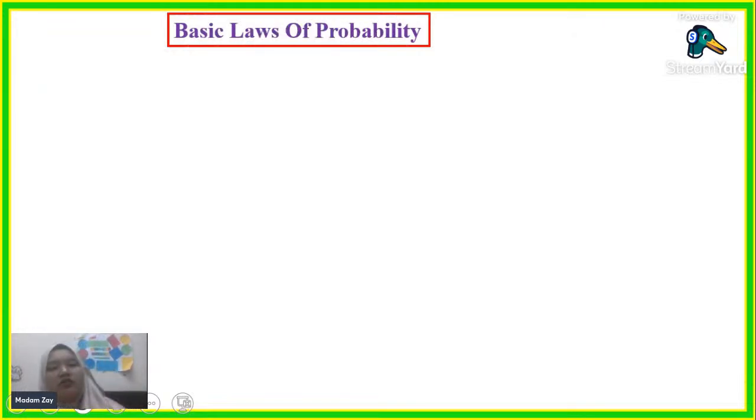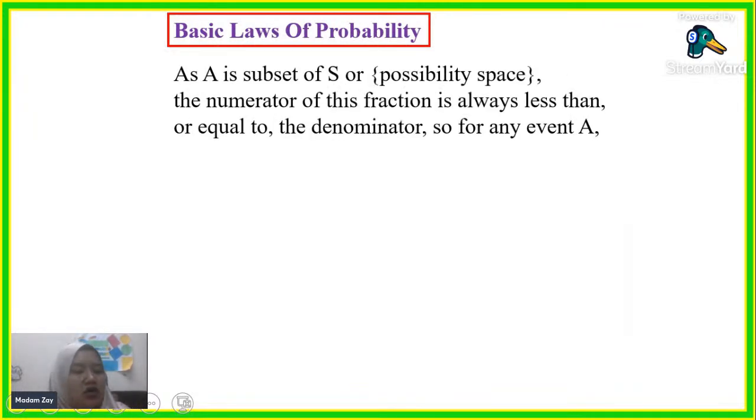Okay, basic laws of probability. So we have this, the basic information, characteristics of the probability. As A is a subset of S, or possibility space.